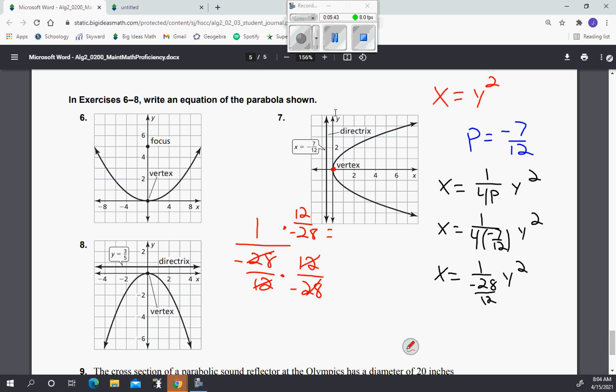And we get, well, negative 12 over 28. Simplify that. Can we take a 2 out? We get 6 over 14. Can we take 4 out? Yeah, we get negative 3 over 7.